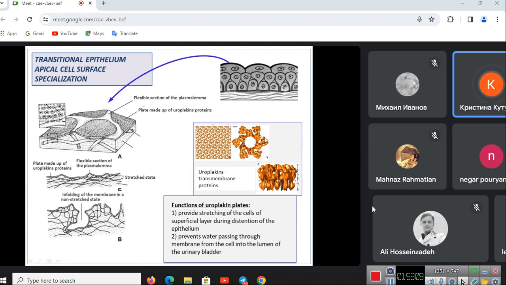This is how they look if we see them from the top. They are combined together to form such plates located between the phospholipids. So the areas between these plates are phospholipids, flexible areas of the membrane. And the plates made up of uroplakin proteins are not flexible, they are hard.